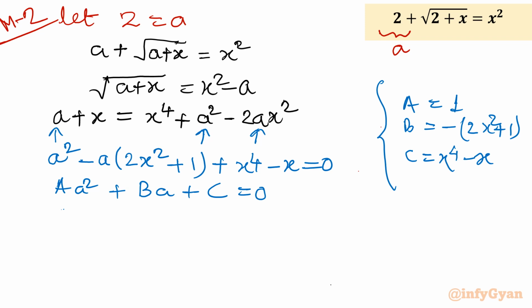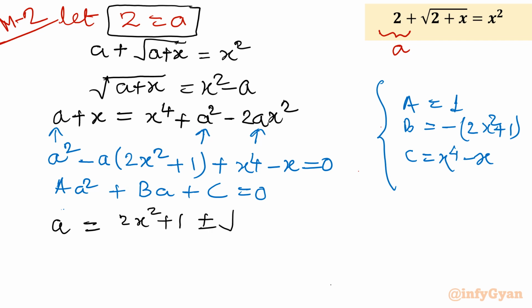Okay, now let's apply the quadratic formula. So I will write a is equal to minus b, so 2x square plus 1 plus minus square root of b square: 2x square plus 1 whole square minus 4 times a is 1, c is x power 4 minus x.